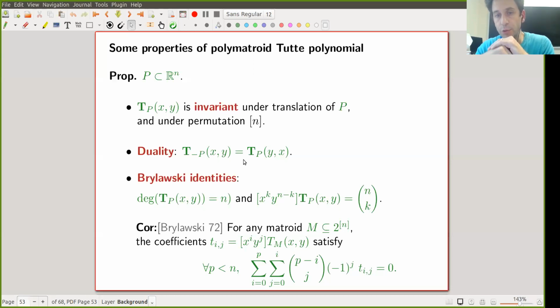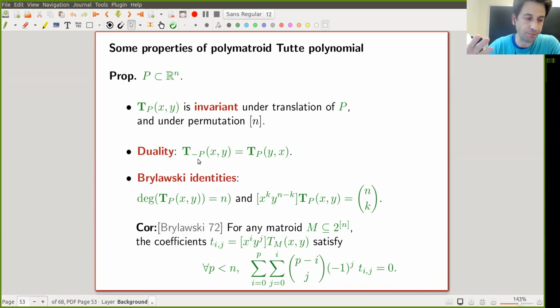So you take minus your polytope and then put it back in the 0,1 cube. For a polymatroid P, we can define the dual as minus P.